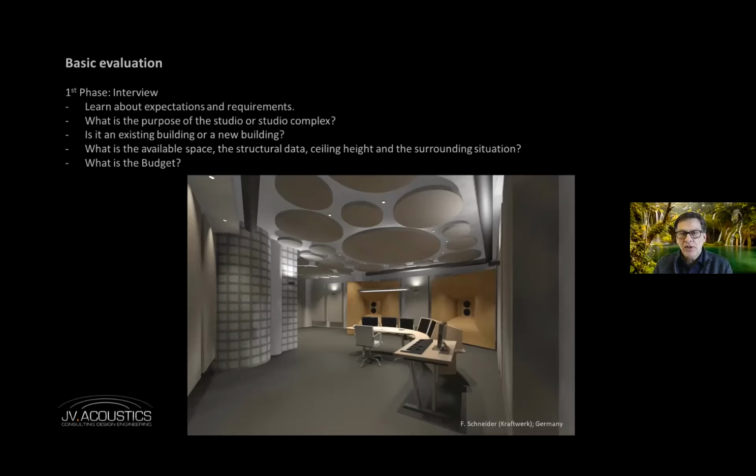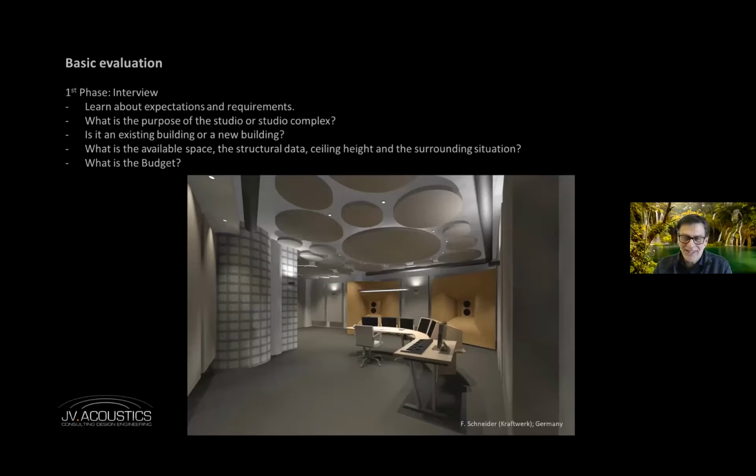The structural data, so from the structural engineer, ceiling heights, and surrounding situation. What happens around that studio? Are there train tracks? Is there underground, or is there an airport close by or something like that? And probably, is there already kind of a budget?